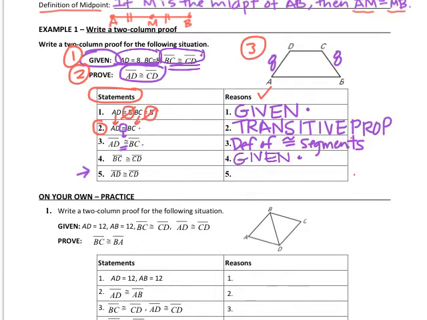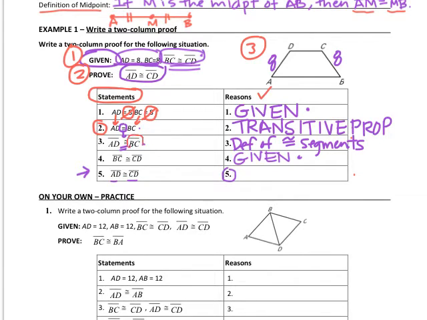All right, so the last statement is what we're trying to prove. I never want to write the word prove at the bottom, though. There has to be a reason for number 5. You can't just write the word prove. Well, how did we arrive at this segment AD is congruent to CD? Well, in statement number 3, we said that AD was congruent to BC, and then statement number 4 said that BC was congruent to CD.